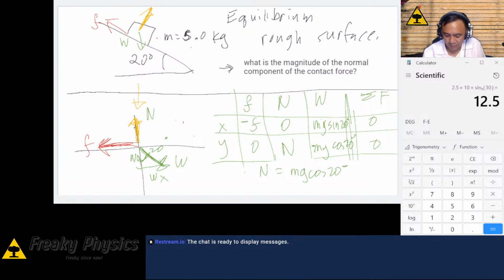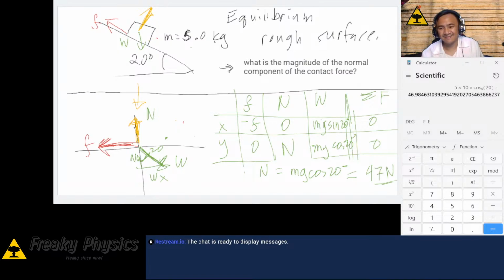We know our m, we know our g. We just put that in the calculator now. So again, mass is 5, g is 10, then take the cosine of 20 degrees. That's gonna give you 47 newtons. So you got the answer right.